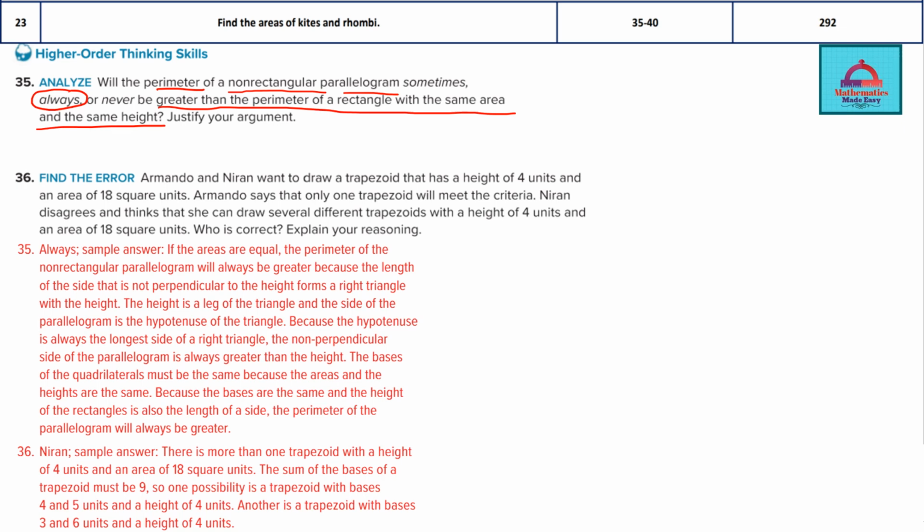The height is a leg of the triangle, and the side of the parallelogram is the hypotenuse of the triangle. Because the hypotenuse is always the longest side of the right triangle, the non-perpendicular side of the parallelogram is always greater than the height. So we are using the Pythagorean theorem.